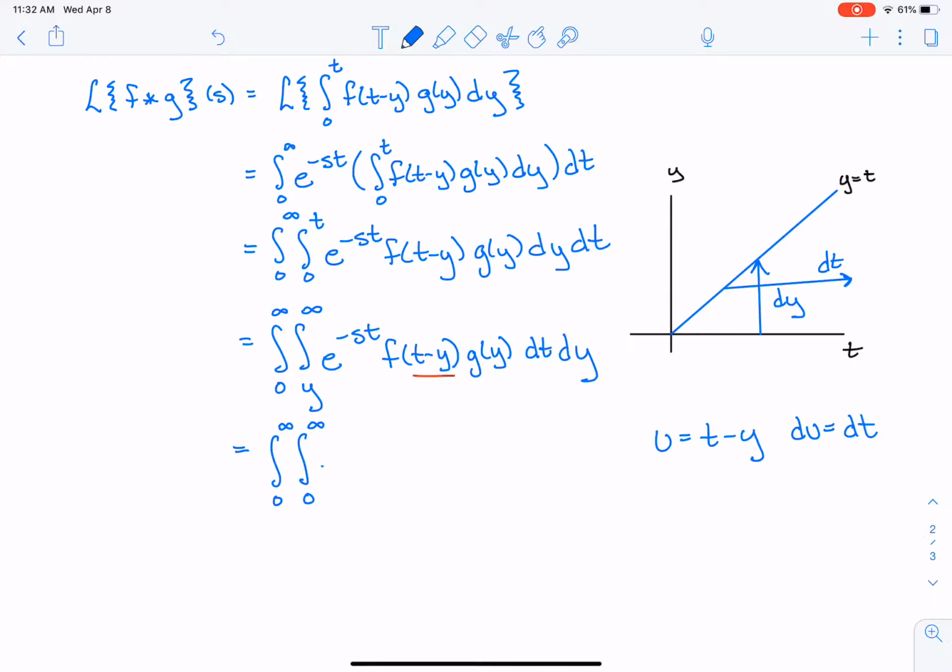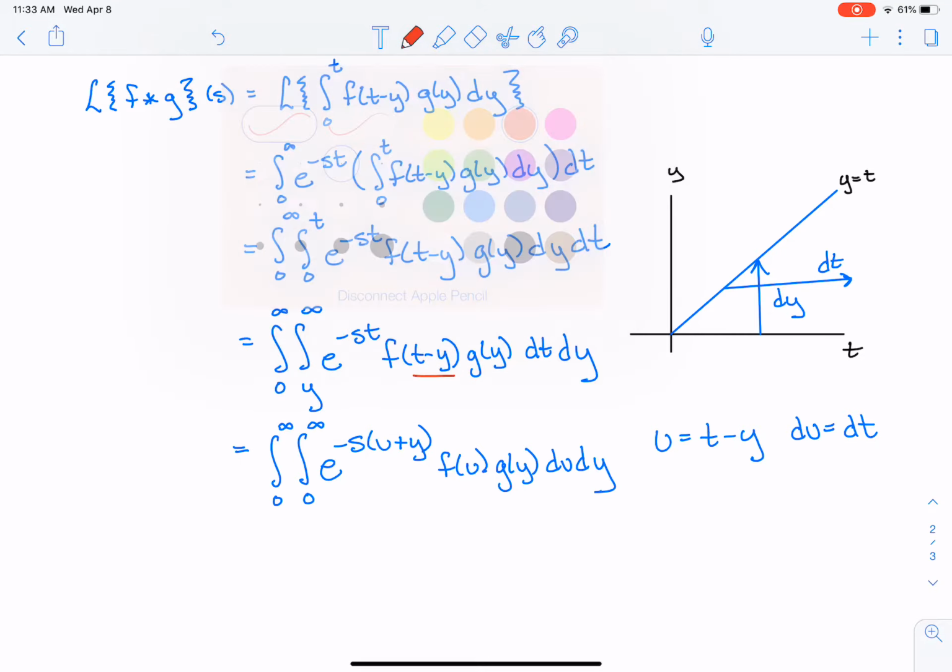And then I'm going to have e to the minus s. What is t? t is going to be u plus y. And then I will have f of u times g of y, and then du dy. The next thing that I'm going to notice is that e to the minus s times u plus y is e to the minus su times e to the minus sy.